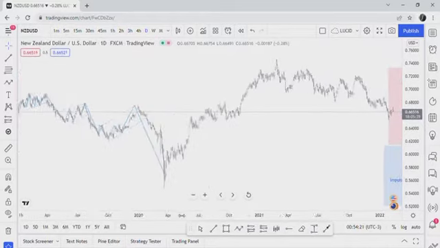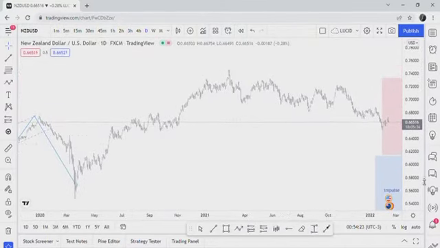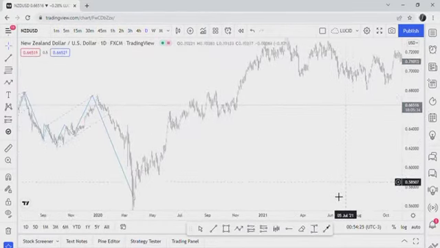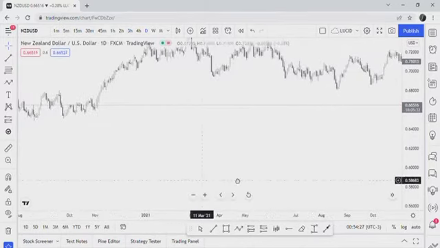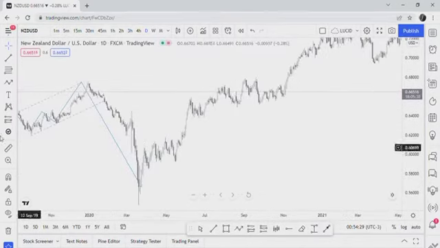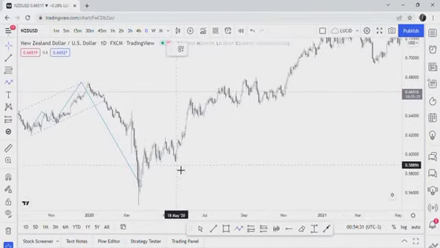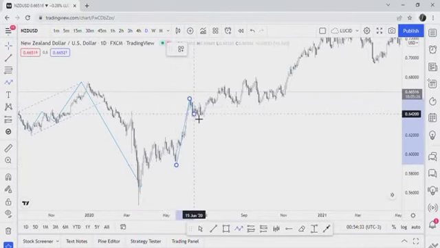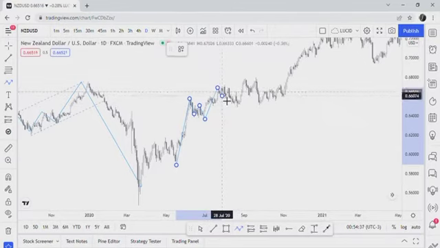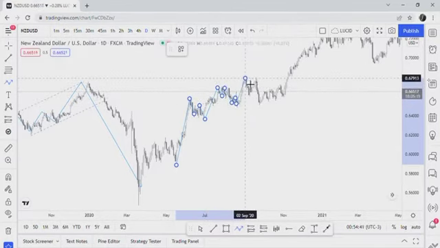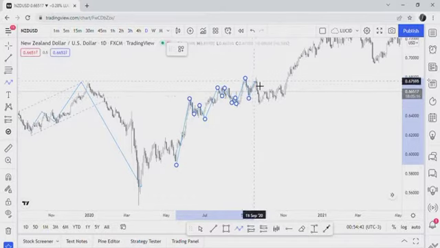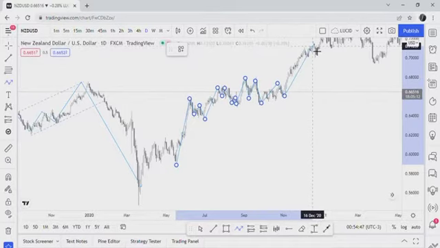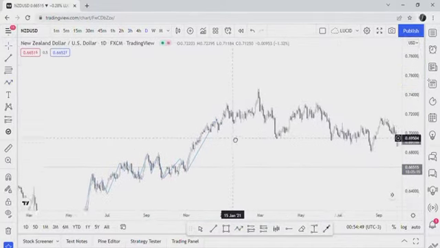Let's zoom in quicker for you to see what's going on. You get an impulse here, correction to the downside, another impulse, another correction here, another impulse, a very huge correction, then another impulse, right?